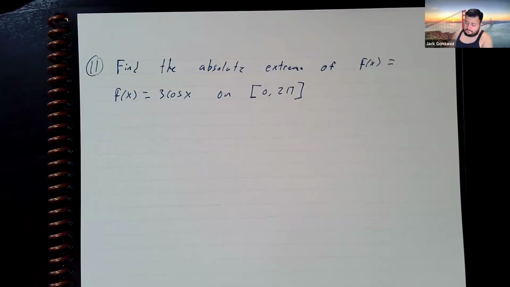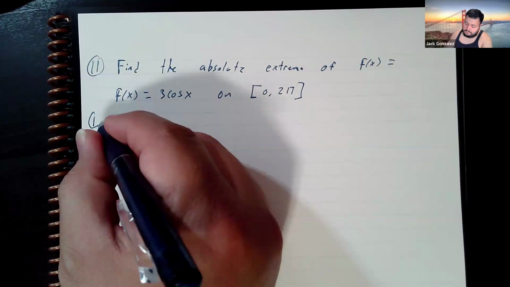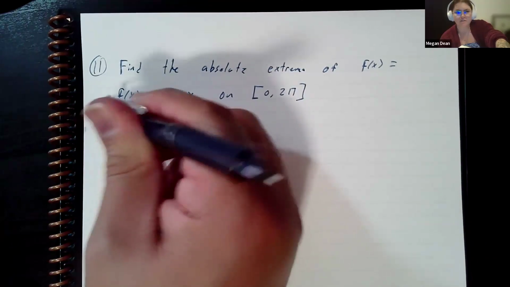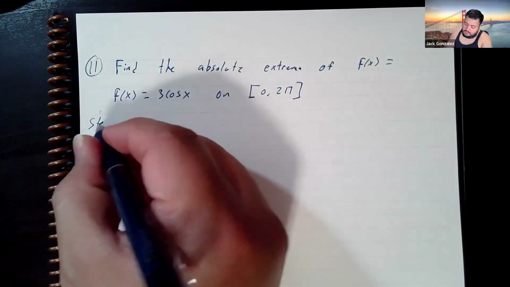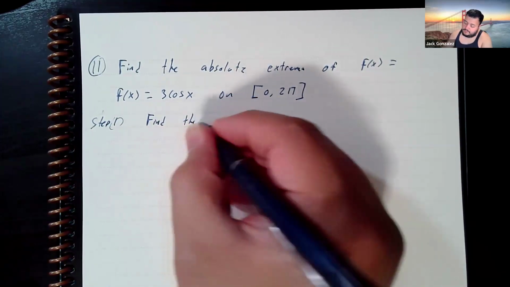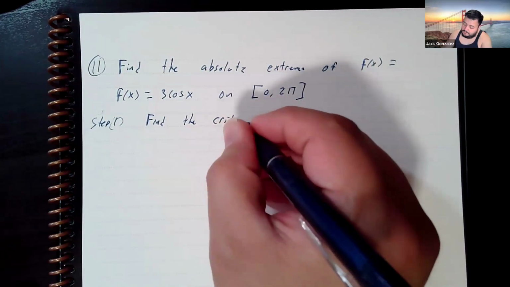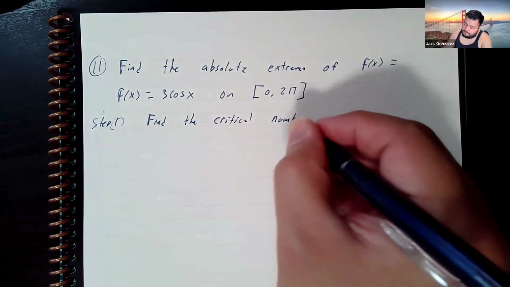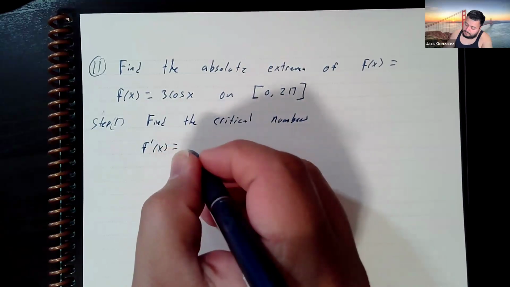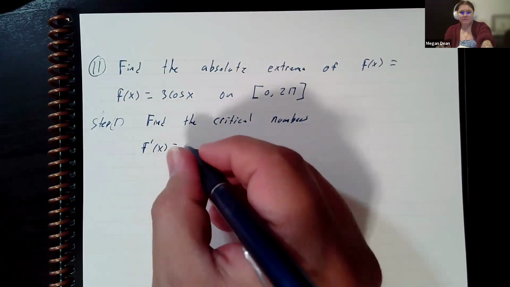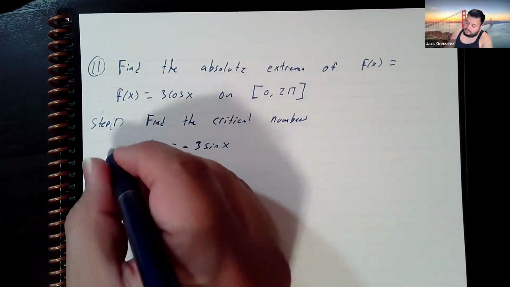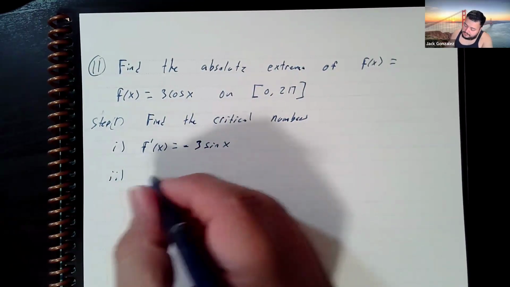So what do we do first? Find the derivative of the function. Yeah, step 1: find the critical numbers, which requires the derivative. So what is f prime? Negative 3 sine x. So that's the first part. Second part is set it to 0, right?